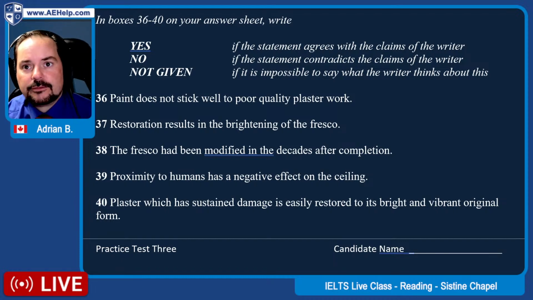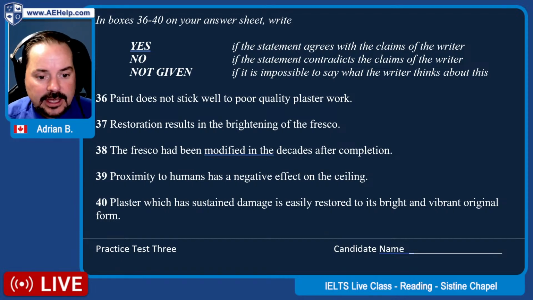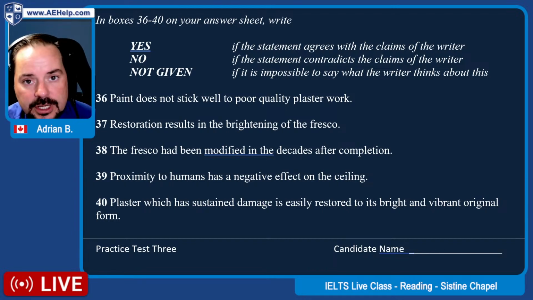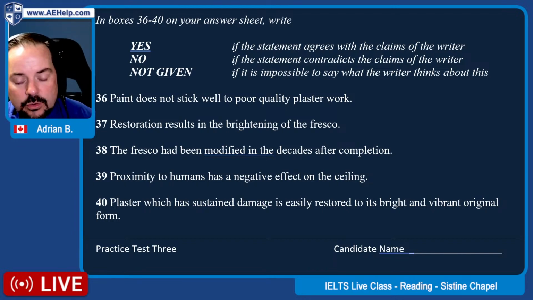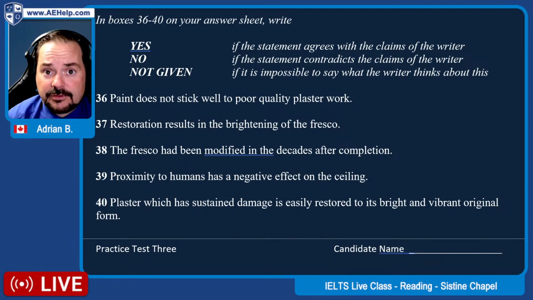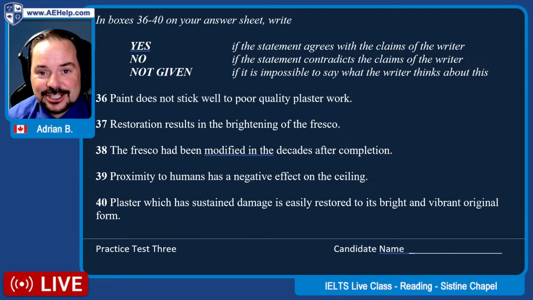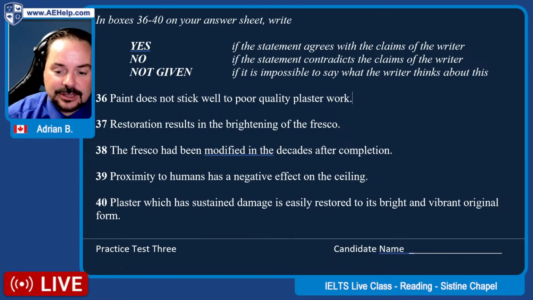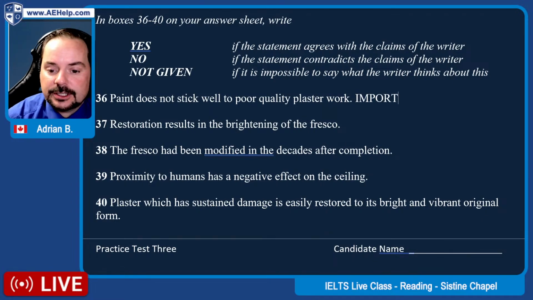Is it important for the reader to understand this fact, that paint does not stick well to poor quality plaster? Should we know that according to this passage? Maybe we should know that, because it's a fresco. It's all about the quality of the fresco in the Sistine Chapel. So it's important, I agree. If it's important, then chances are that it's given. So now we know that it's given.